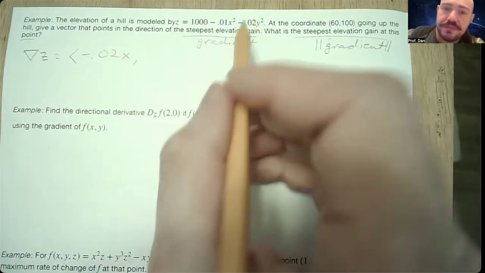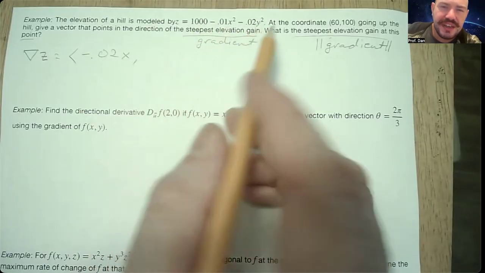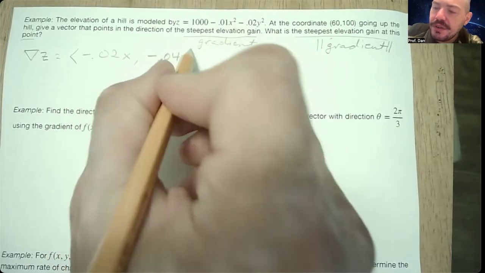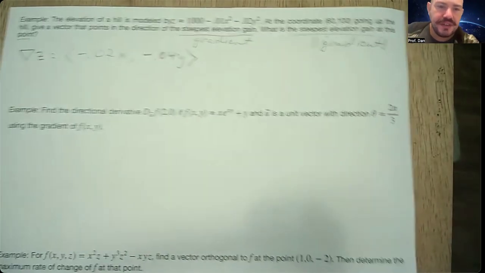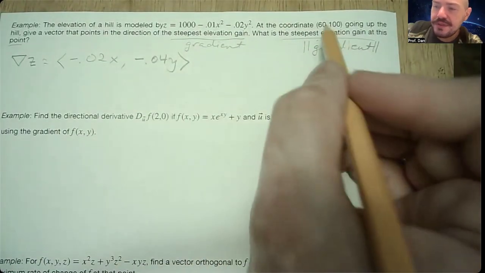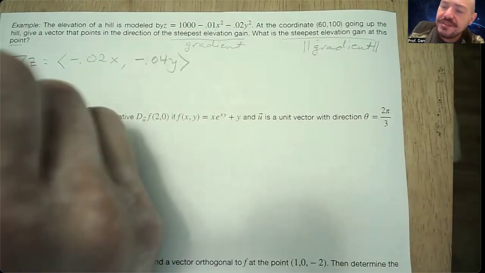Now, partial with respect to y, negative 0.04 y. Okay, so at this point we have our gradient. Now if we use the coordinate that we're given, so we'll let 60 be x and 100 be y, we'll have the answer to our question.